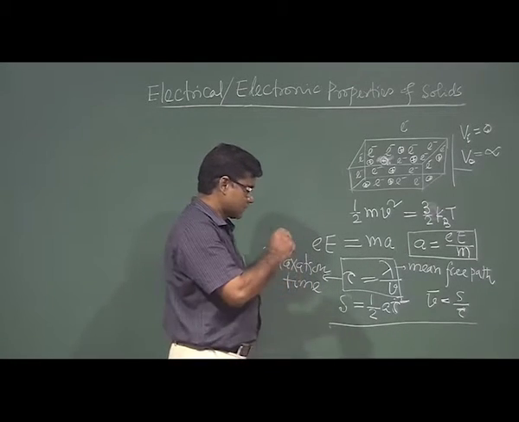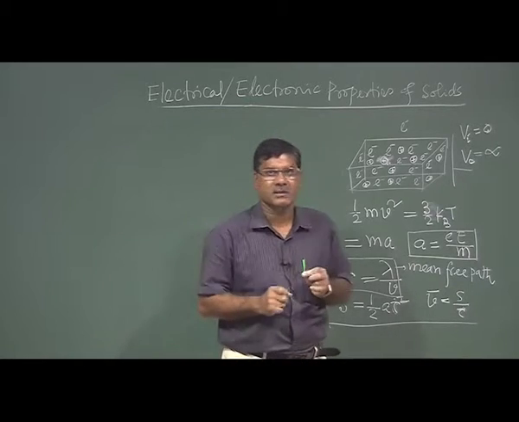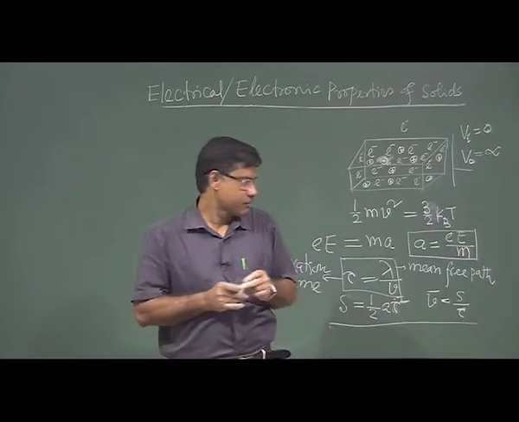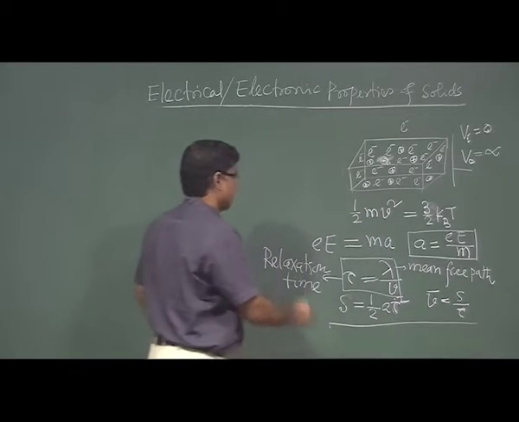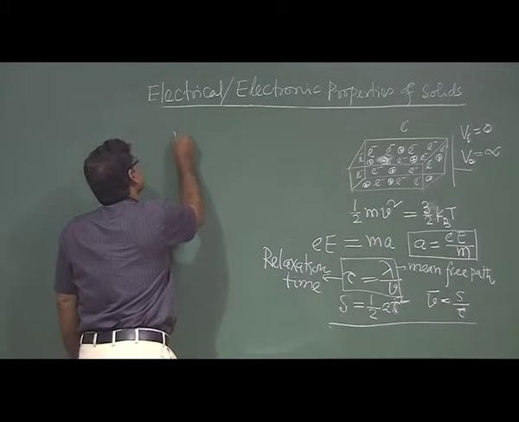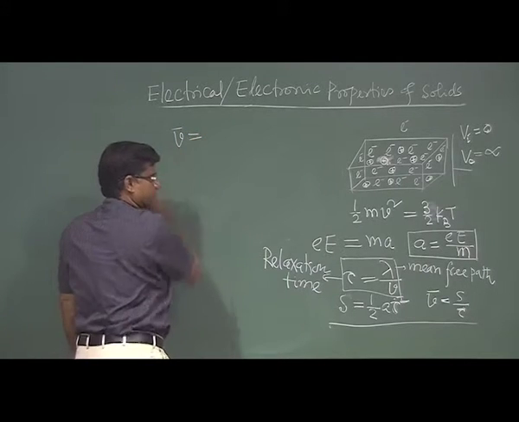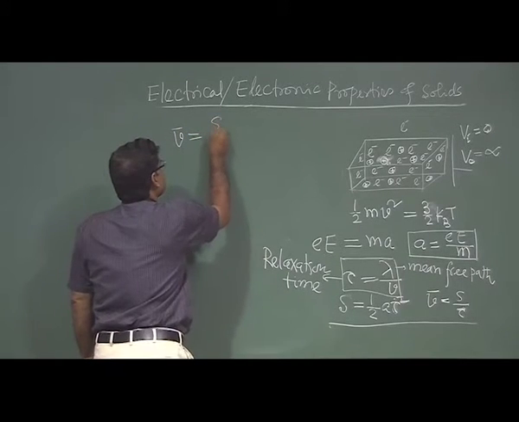It is along the direction of the electric field. So, that is v bar. Drift velocity v bar equals S by tau.